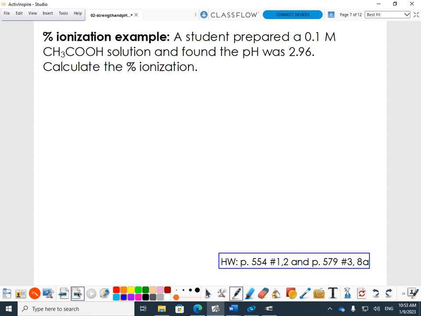Okay, so we have CH3COOH. Like I said, it is definitely a weak acid, and I would say in 97% of the questions, that's the weak acid that you're going to be given. So you'll just get used to it. But you could look it up.